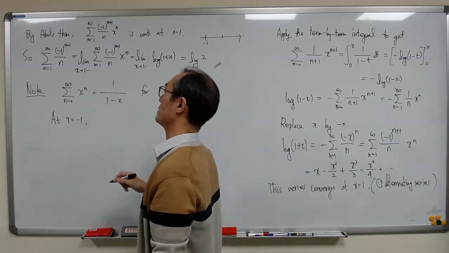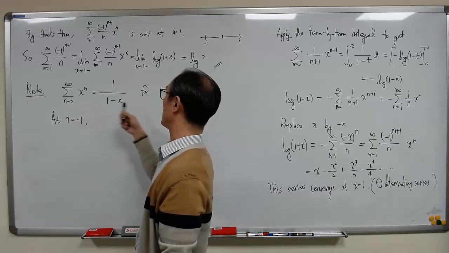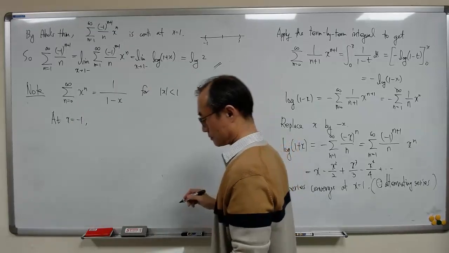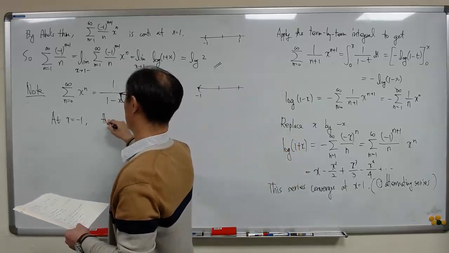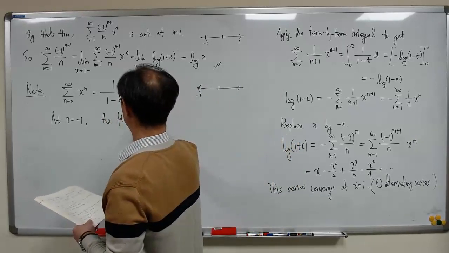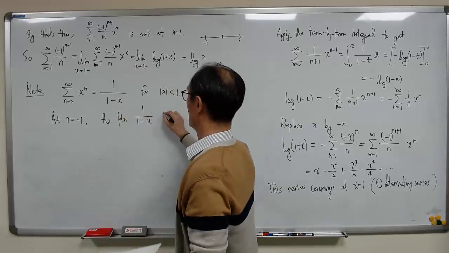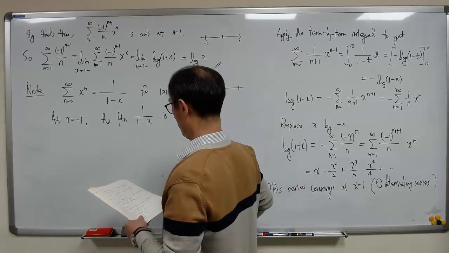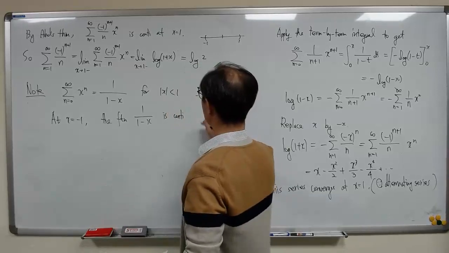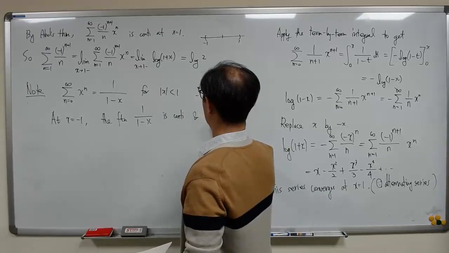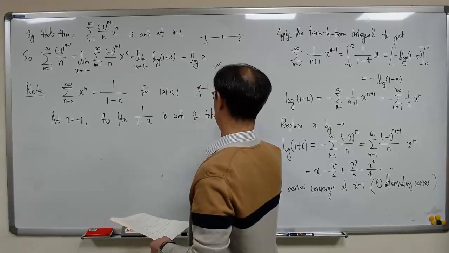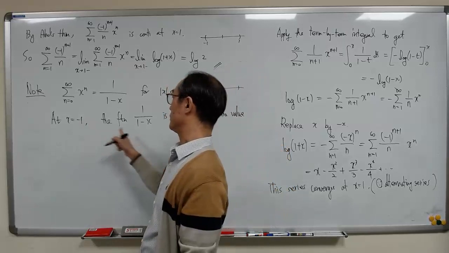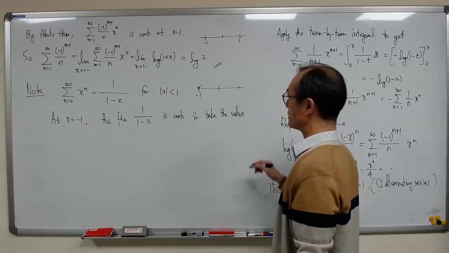This function diverges. However, at the left hand boundary, minus 1, the function 1 over 1 minus x is continuous, and takes the value, if you put minus 1 for the variable x, 1/2.